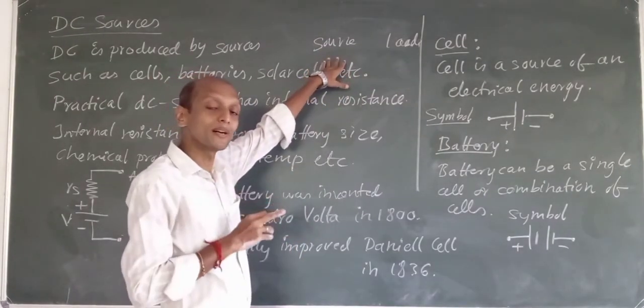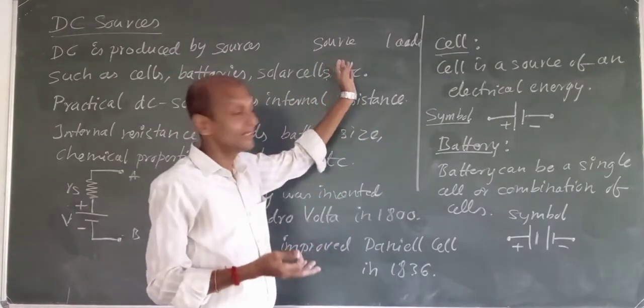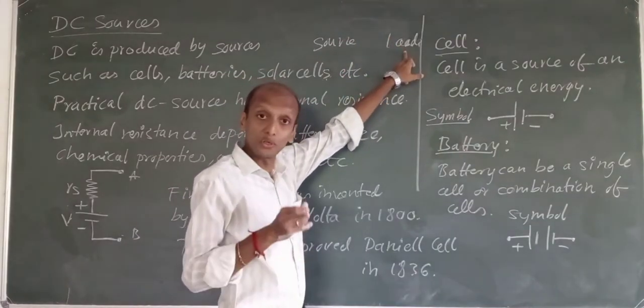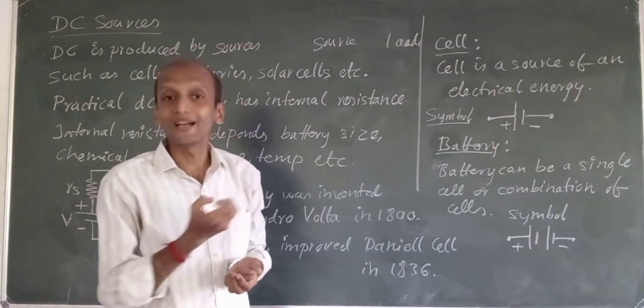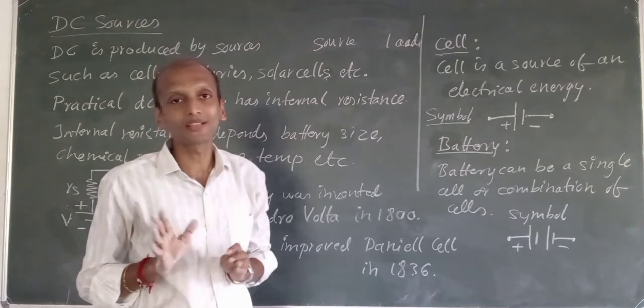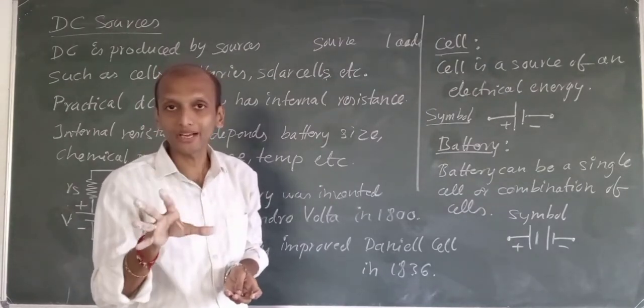The main things in your electronic circuit are the source and the load. The source is from where we are getting the voltage or current, and it flows in the circuit and goes to the load. The load utilizes that voltage or current, gets operated, and our work is done. We want the torch to give out light.